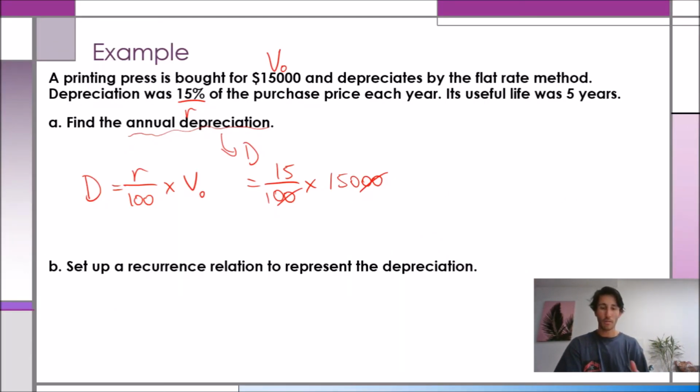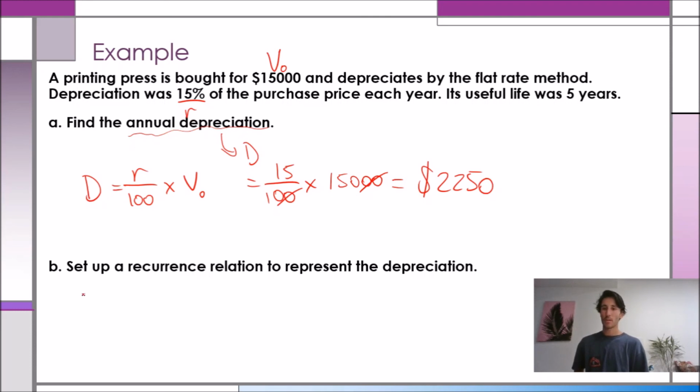So our printing press is depreciating by $2,250 per year.